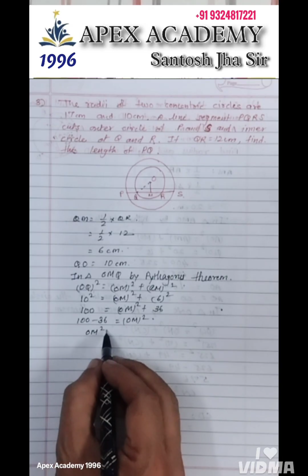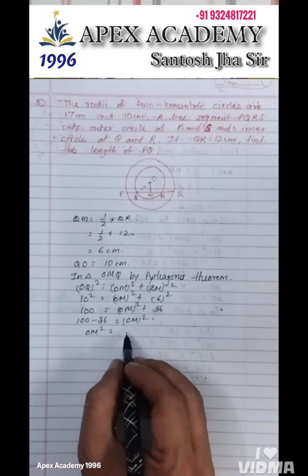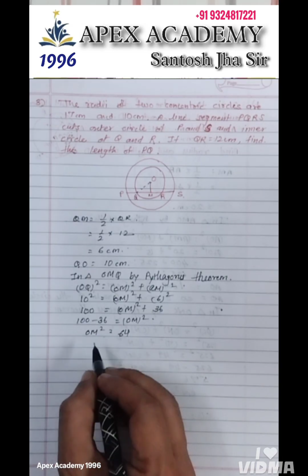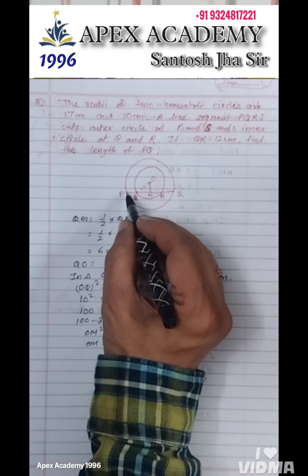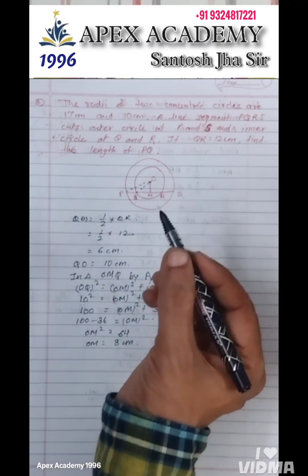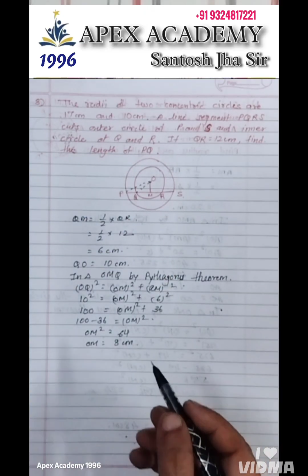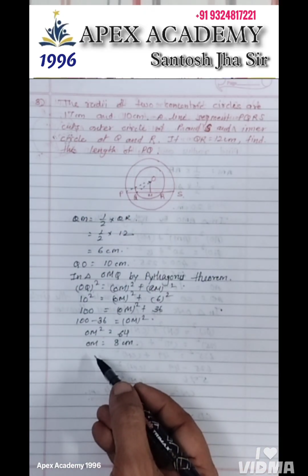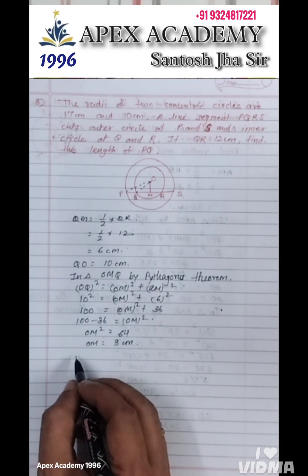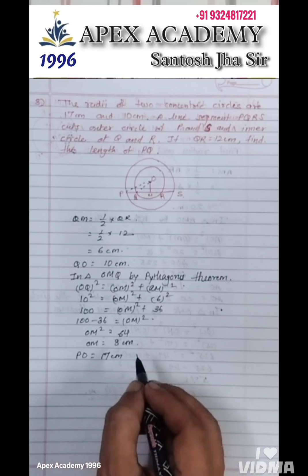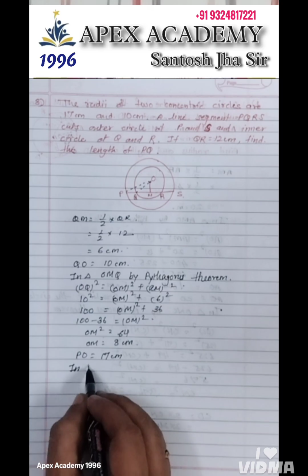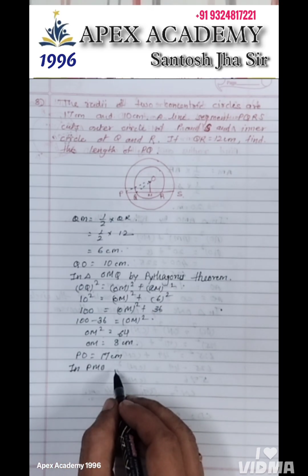So OM square is equal to 100 minus 36, which is 64. So OM is 8. The radius of the larger circle is already given, which is PO, that is 17 cm, and OM we already found. So now in triangle PMO, we will use Pythagoras theorem.